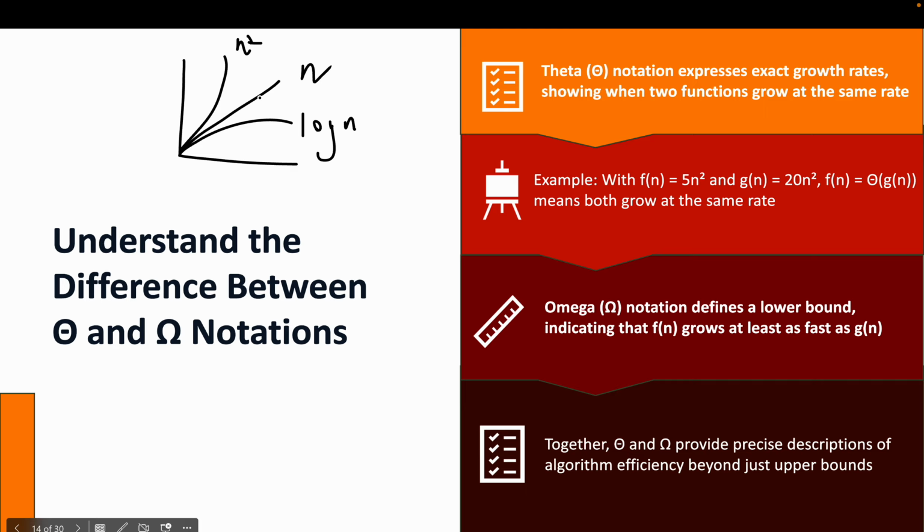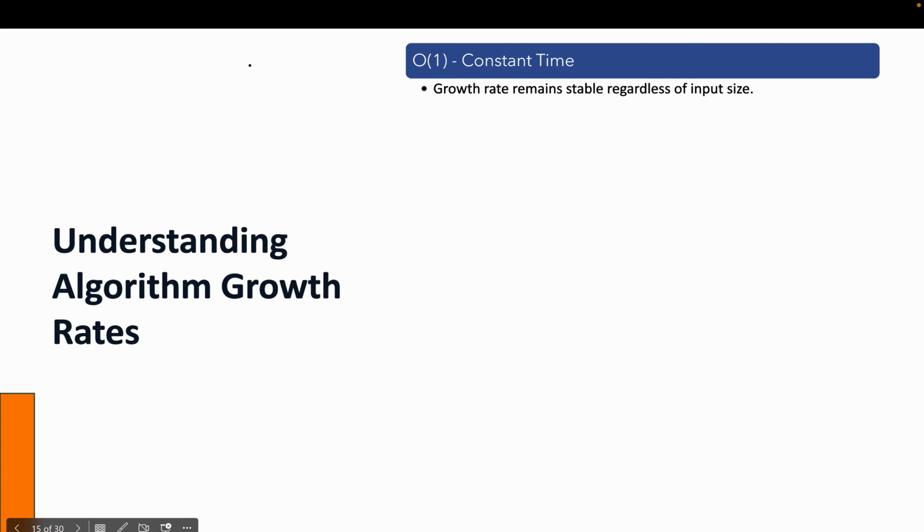You can see that log n is like a lower bound for the linear operation function, and n squared is like an upper bound for a linear function. And you can see how much their performance differs.